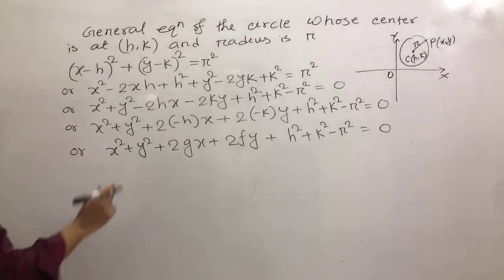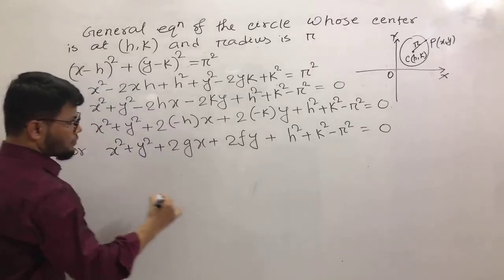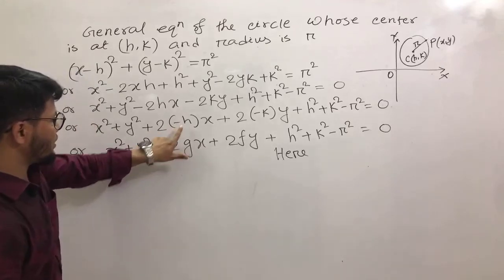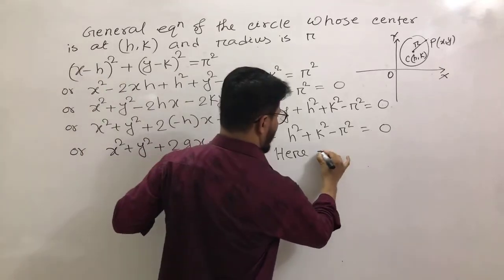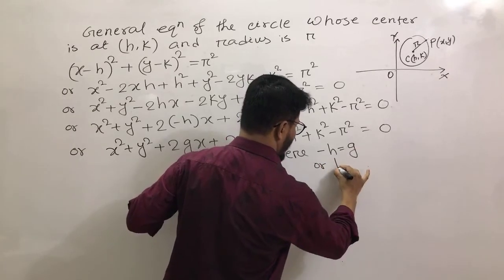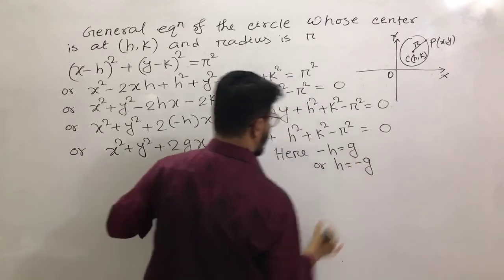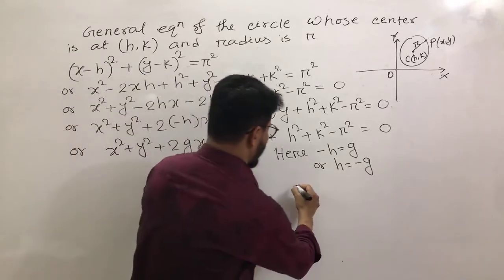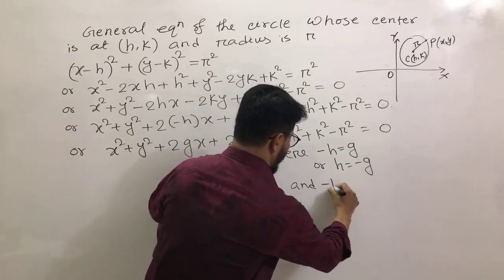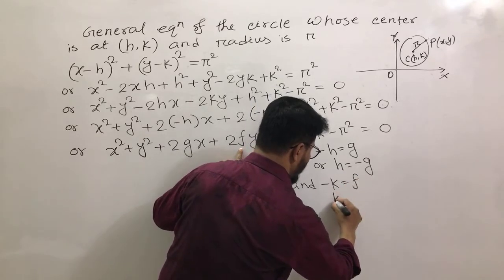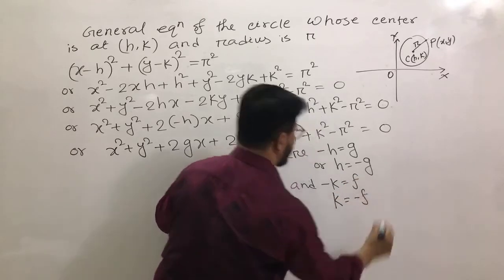So now here consider minus h equals g, or h equals minus g, and minus k equals f, so k will be minus f.